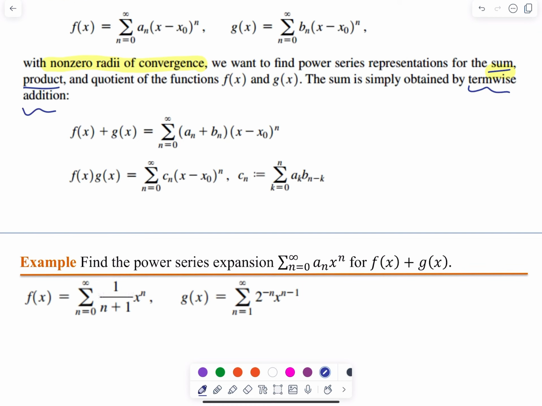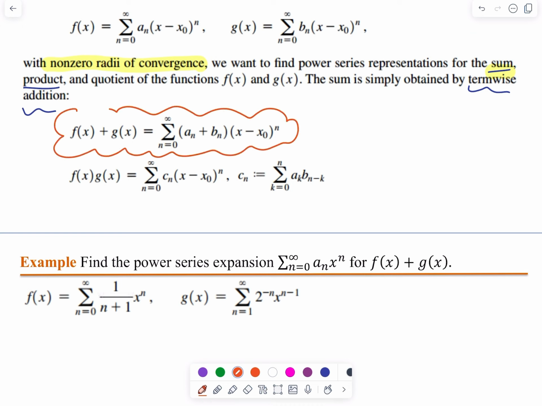So I kind of put the sum and the product together, but basically this is term-wise addition. Now, taking a look at the product, we can see the formula here.